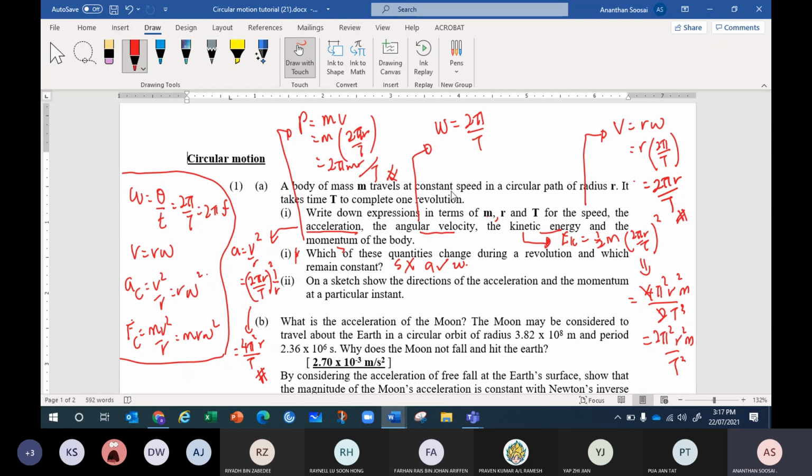If it goes in just one direction, it does not change. Okay, kinetic energy, of course, is a scalar quantity and does not change. And momentum, of course, changes, as its direction changes. Okay, so these are the second part.